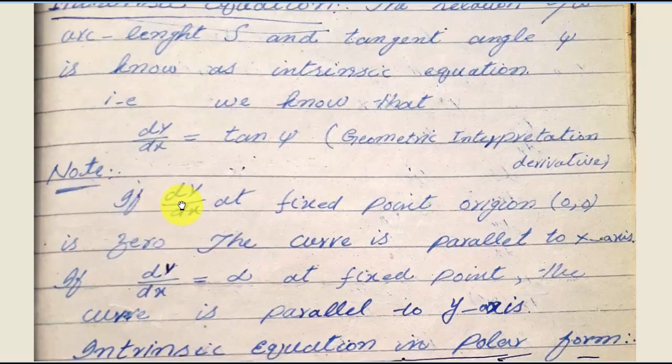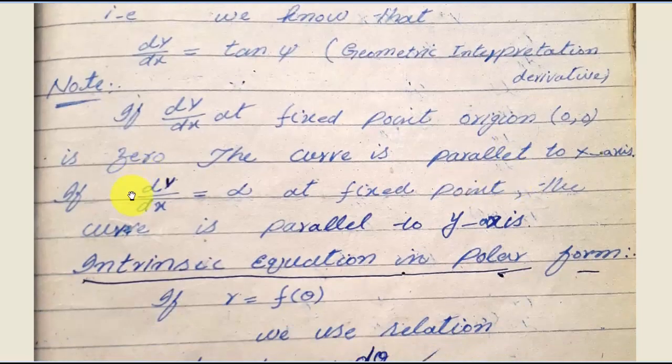Note: if dy over dx at a fixed point, the origin (0, 0), is 0, the curve is parallel to the x-axis. If dy over dx is equal to infinity at the fixed point, the curve is parallel to the y-axis. Keep these two conditions in mind.